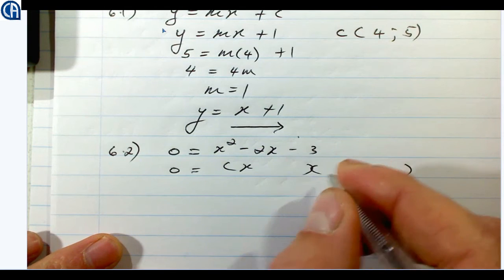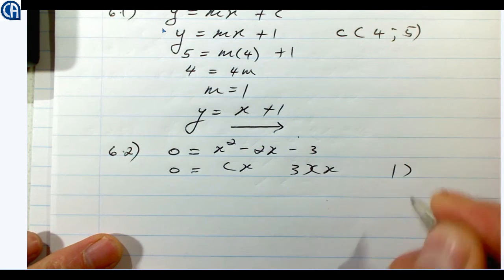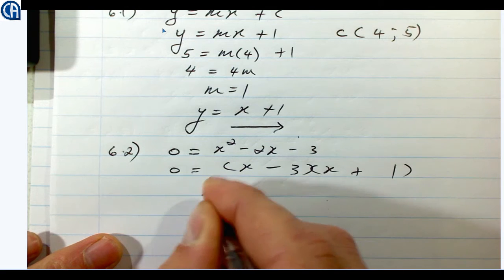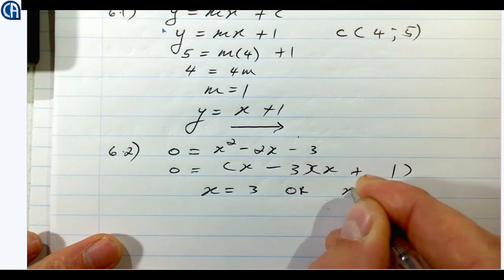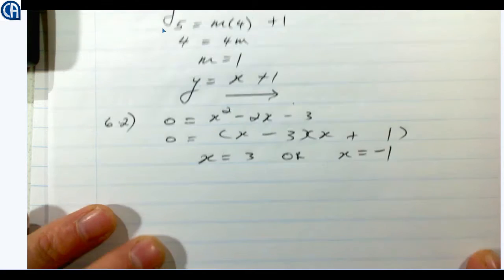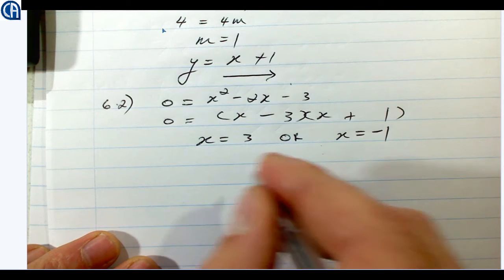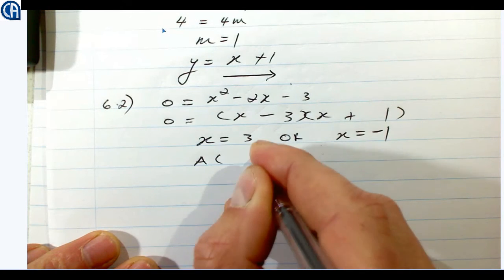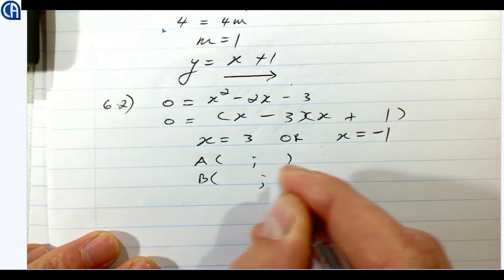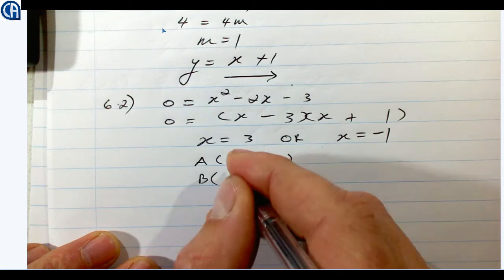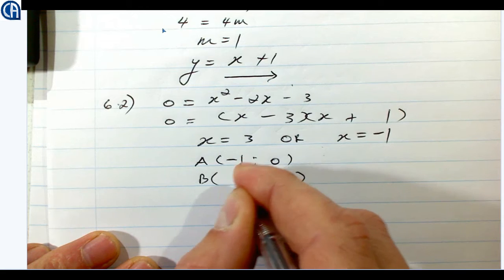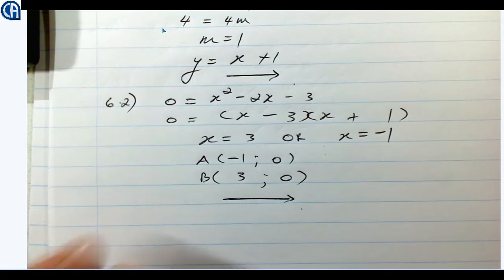The factors of 3 are 3 and 1, a minus and a plus, so x equals 3 or x equals minus 1. Now you've got to look at which side is A and which side is B. A is negative and B is positive. So the coordinates of A and B are (minus 1, 0) and (3, 0) respectively.